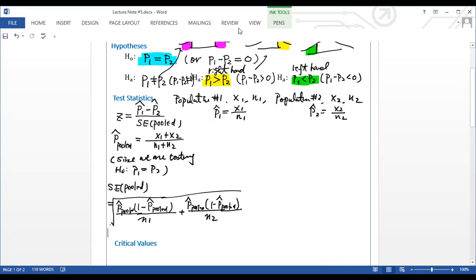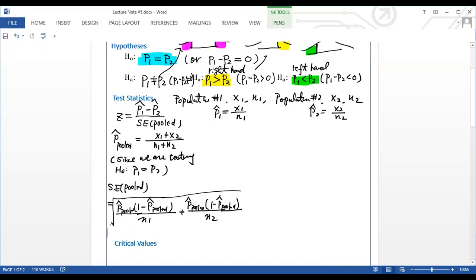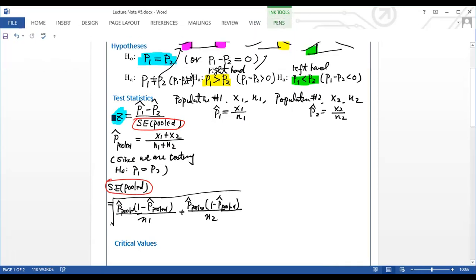Then you plug in N1 and N2, calculate, and plug the SE back in, and you will get your z-test statistic. This is our z-test statistic here.